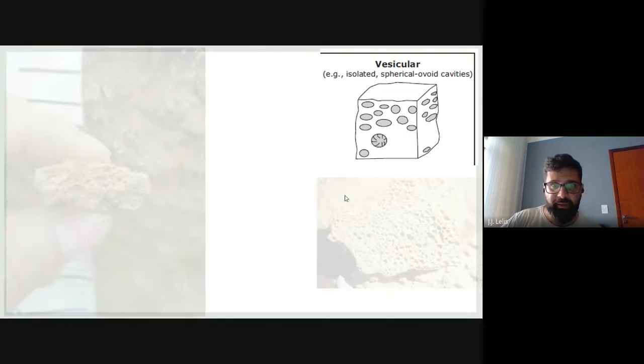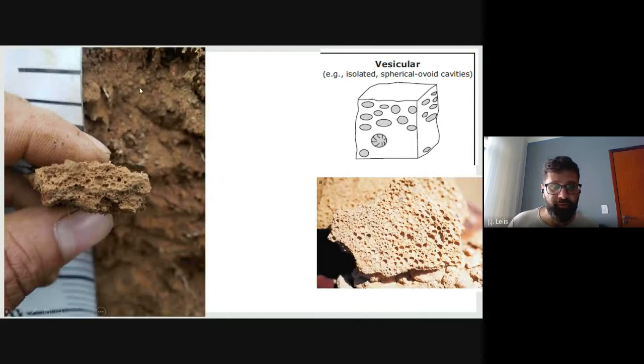We discussed vesicular voids, these circular-shaped voids, and how they could express soils that were waterlogged, or soils that had a lot of water and could have been influenced in the past by tidal water or the water table level, something like that.